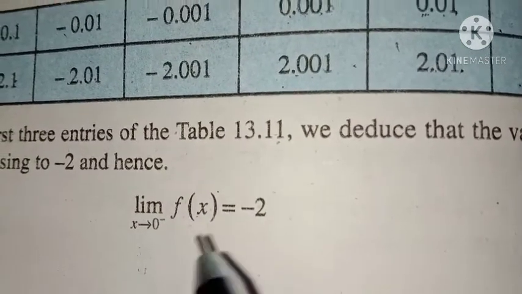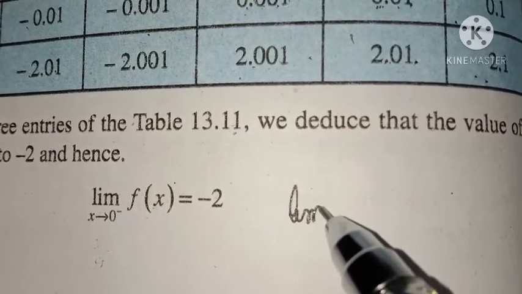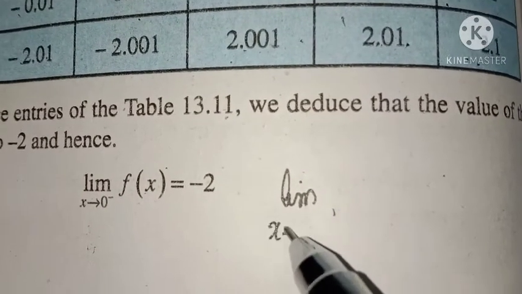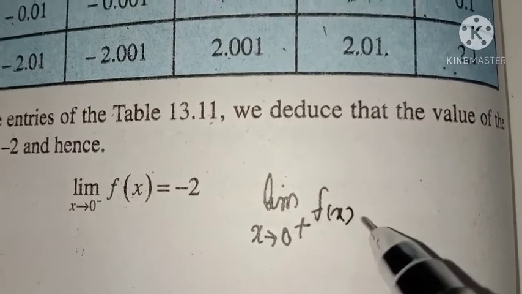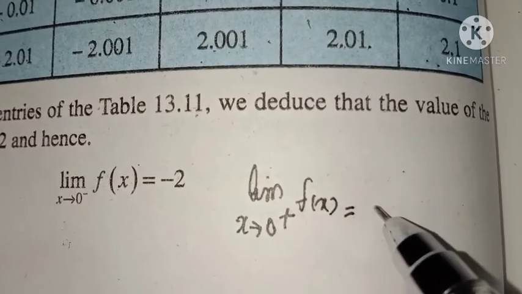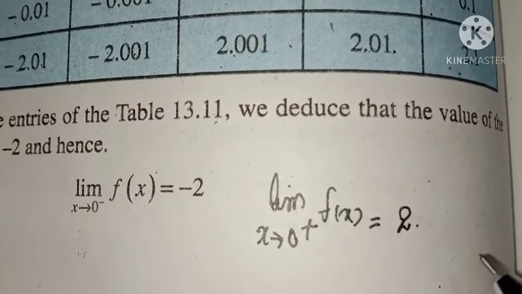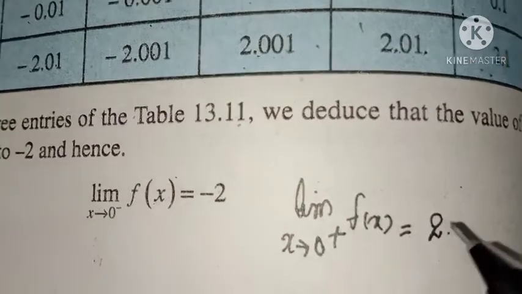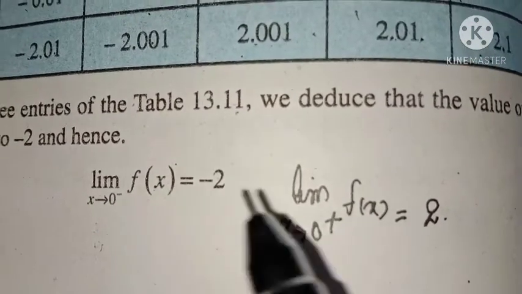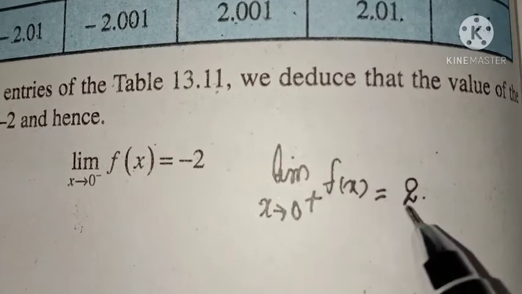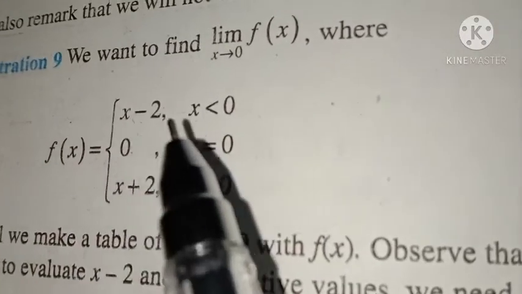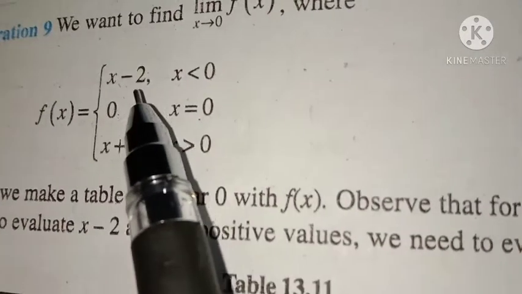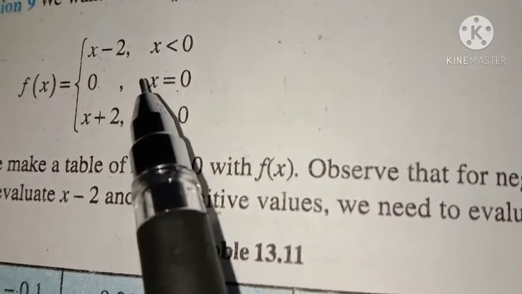At the same time, for all values greater than 0, that is x tends to 0 plus f of x, we can see that limit of the function is equal to 2. Is it clear? So left hand limit is minus 2, right hand limit is 2. Both are different. So in this function, limit of the function doesn't exist.